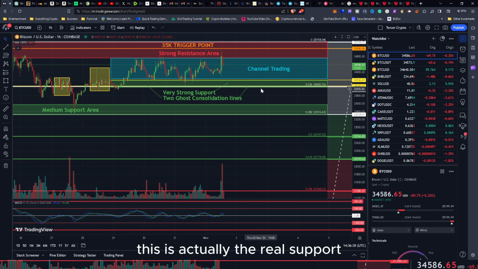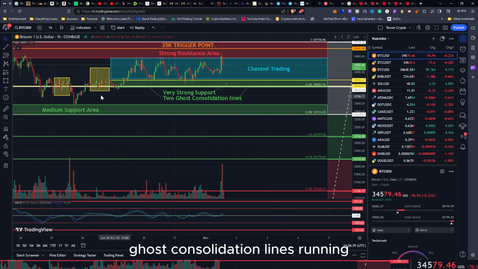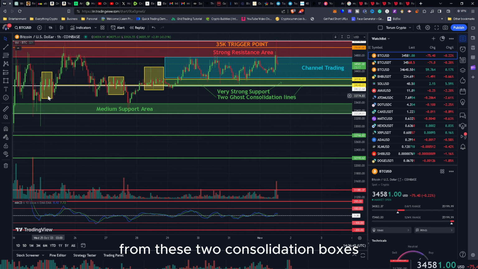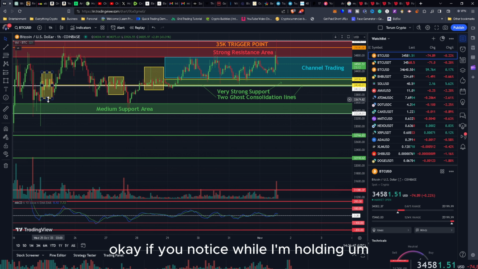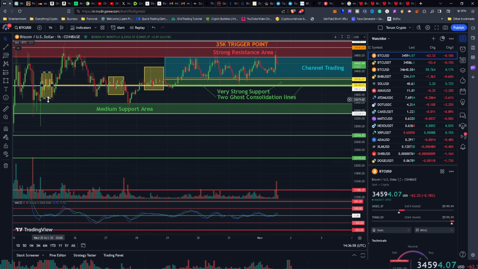Okay, this is actually the real support because it's on a Fibonacci line, and there's two, like it says right here, ghost consolidation lines running from these two consolidation boxes. Okay, if you notice while I'm holding the mouse right here, you can see 6, 8 blue boxes on the consolidation box.